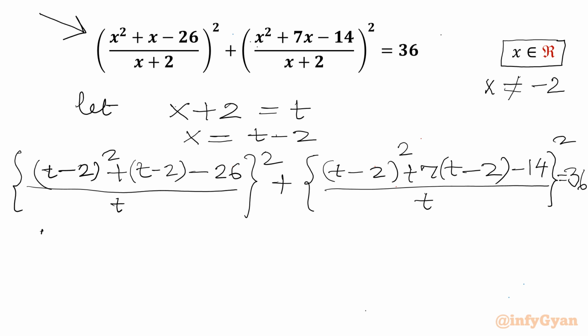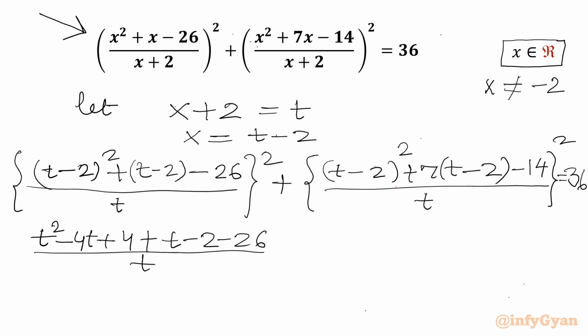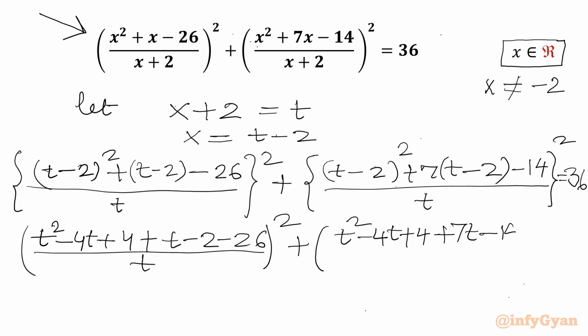I will be writing t² − 4t + 4 + t − 2 − 26 over t², plus t² − 4t + 4 + 7t − 14, and then we have minus 14 divided by t². RHS is 36.